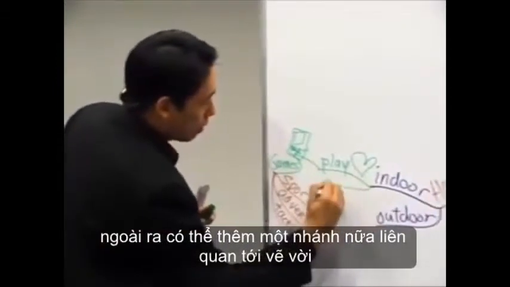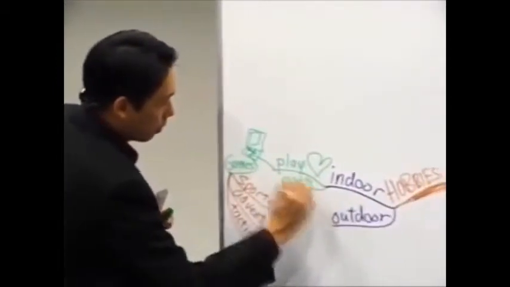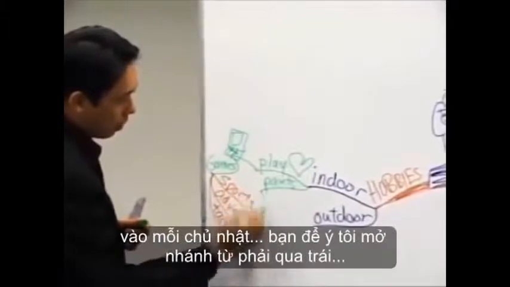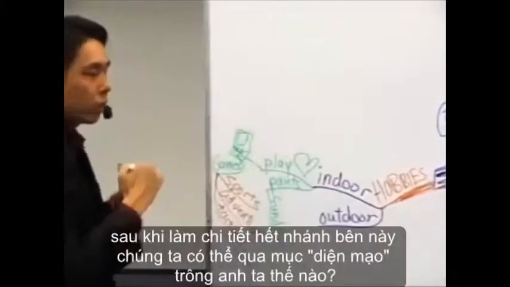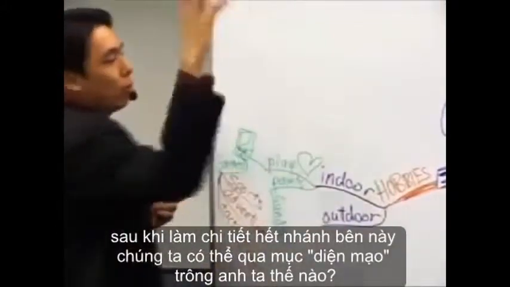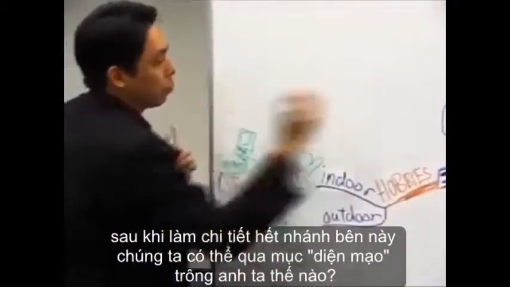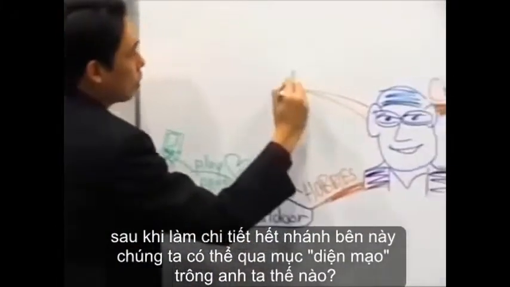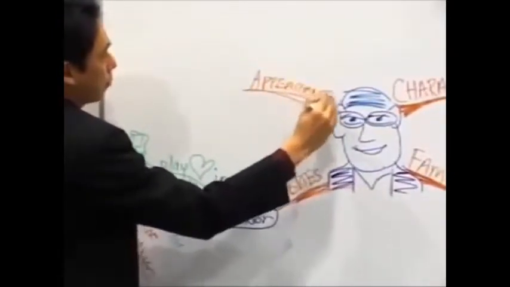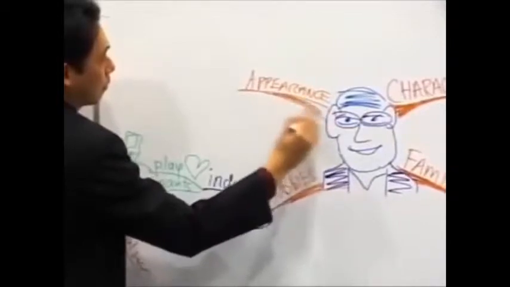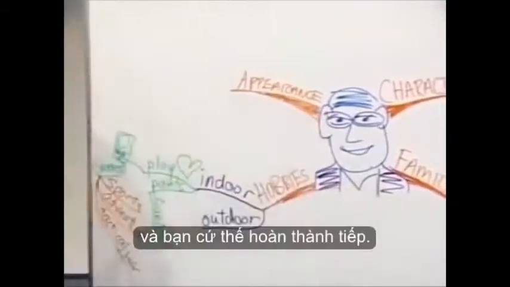So paints every Sunday. So again, notice we're branching from right to left. Once you finish this whole section, you move on to the next part and put on the next subheading, which could be maybe his appearance, what he looks like. All right, and you continue the process.